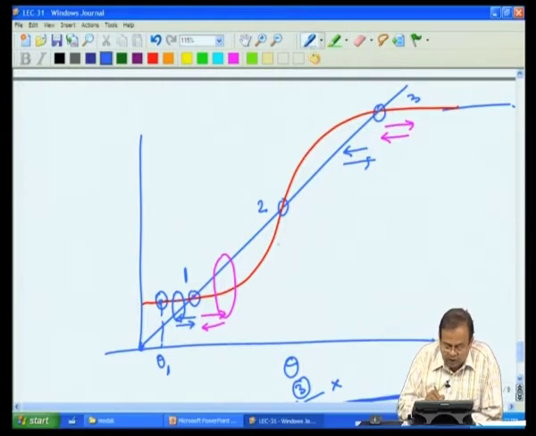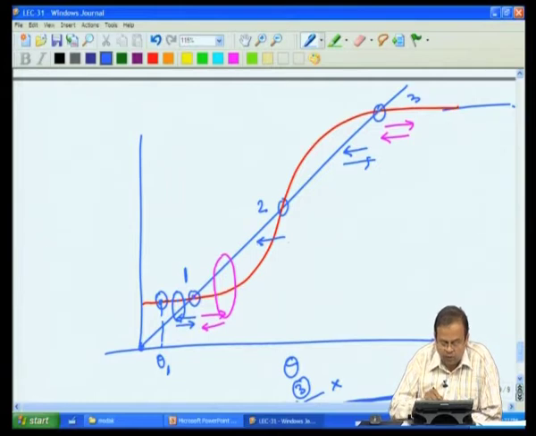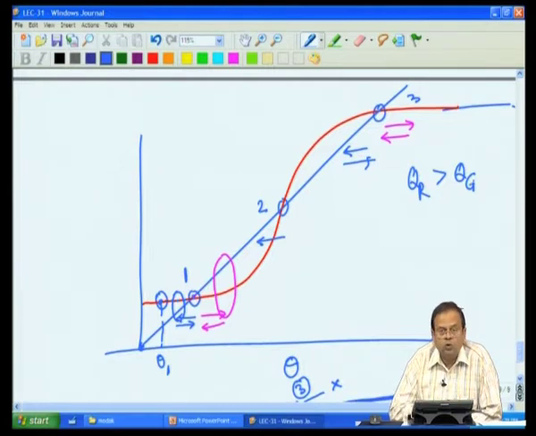So, let us say that I make a perturbation so that temperature goes down. If temperature goes down corresponding to this steady state, what do I see? I see my QR is greater than QG. This blue line is above this red line. So, what has happened in this particular case?